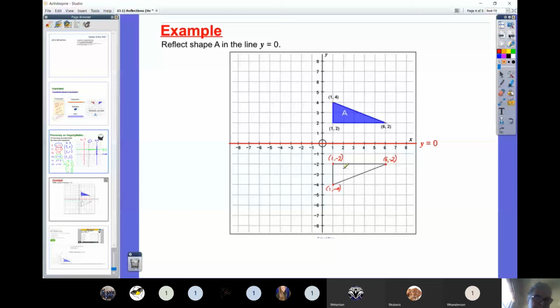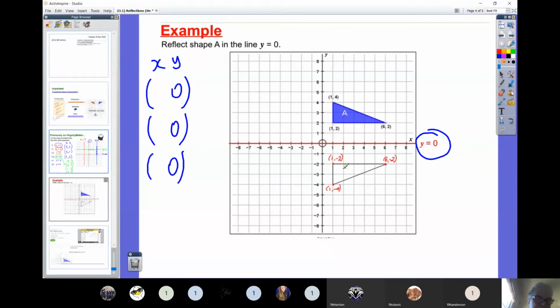Again, just to remind you why: we're saying y equals 0, y 0, y 0, y 0. The x coordinate is up to us. So for example, 1, 2, and 3. And those coordinates are 1, 0, 2, 0, 3, 0. And you can see it forming that line along the x-axis.